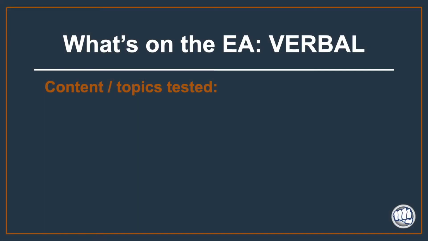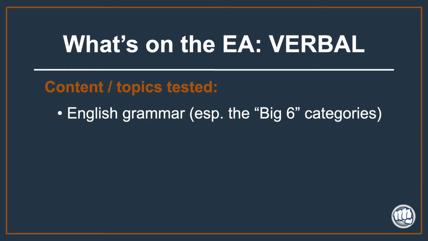And you've seen examples of the three major verbal question types, but let me just summarize for you the content, the concepts, the topics that you're thinking about studying then for the verbal reasoning section. Here's really sort of where to focus. Obviously, English grammar, that appears a lot on the sentence correction questions. And I said in parentheses, especially the big 6 categories.